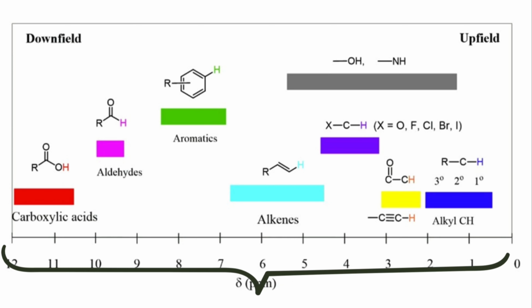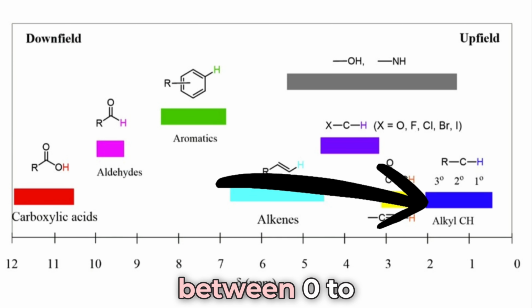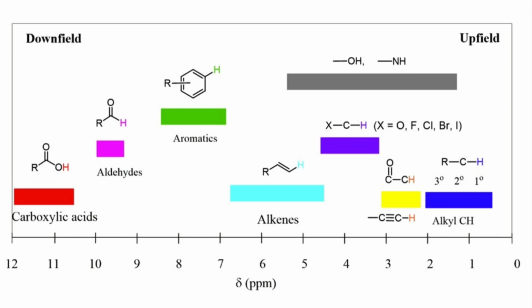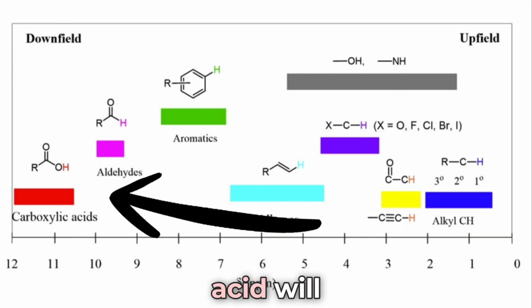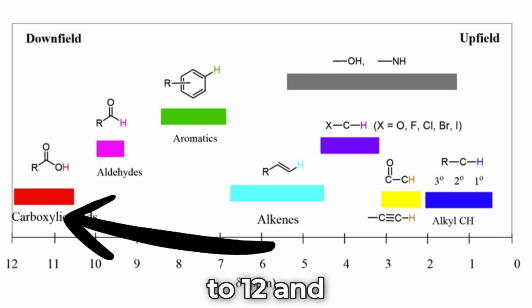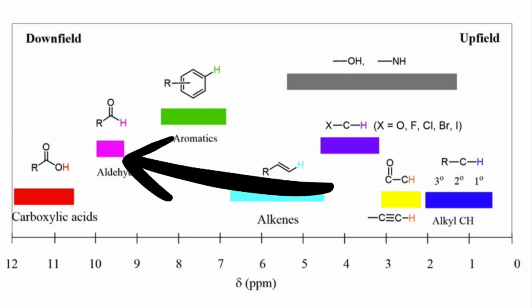The alkyl CH generally appears between 0 to 2. Similarly, if we talk about more electronegative groups like acid and aldehyde, acid will appear between 10 to 12, and the aldehyde will appear between 9 to 10.